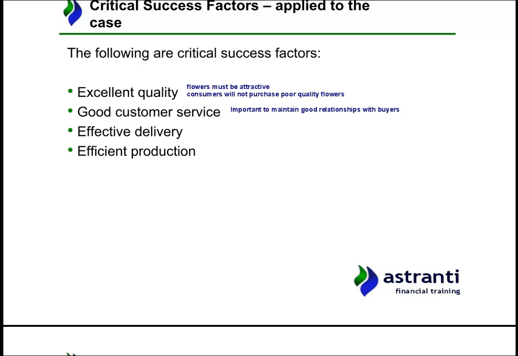And another factor, which to an extent stems from the other two, is effective delivery. Now we know that some of the flowers only last for up to 2 weeks once they have been picked, which means they have to be picked, packaged, and delivered to the airport or harbour if they're going by boat, and they have to be kept chilled, because the flowers spoil more quickly at higher temperatures.